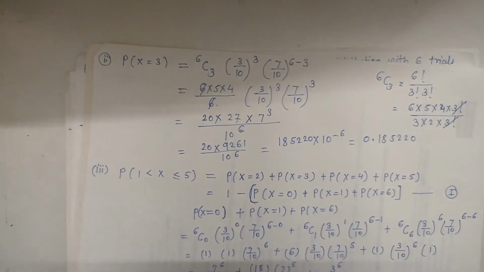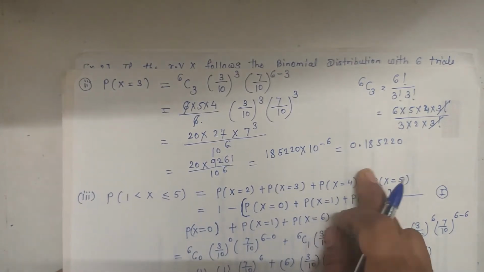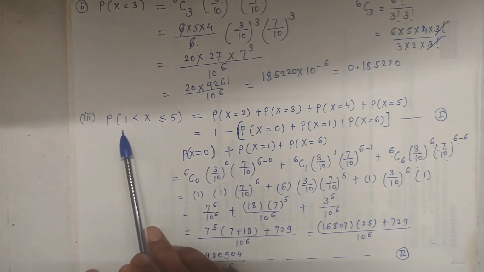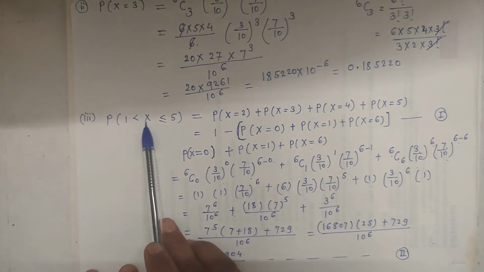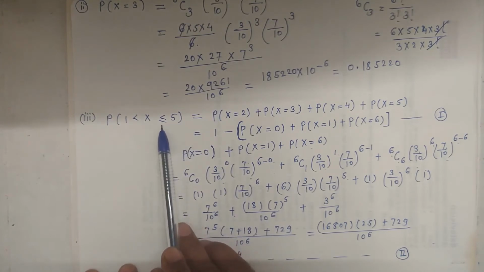So the answer for the probability for x is equal to 3 is 0.185220. Here we have to find the third probability, for x lies between 1 to 5, including 5.